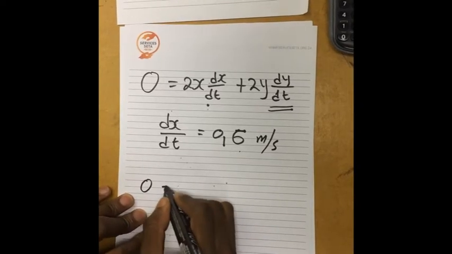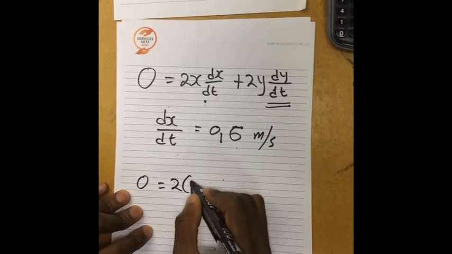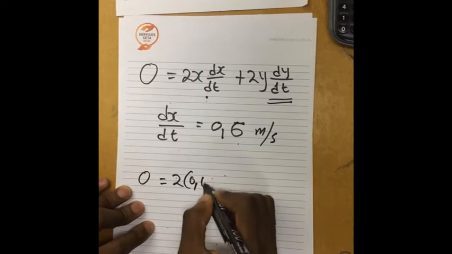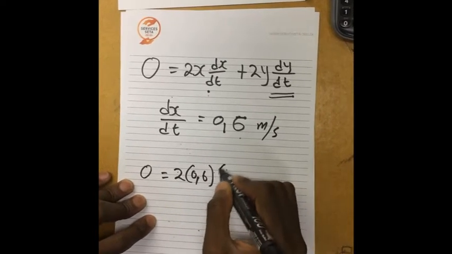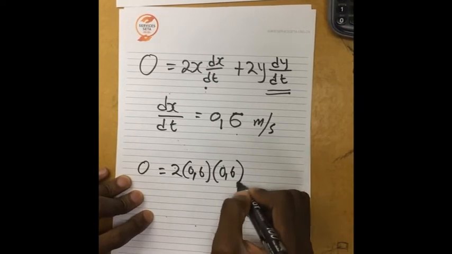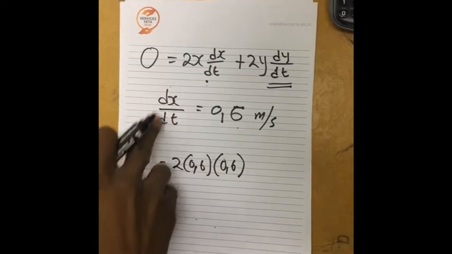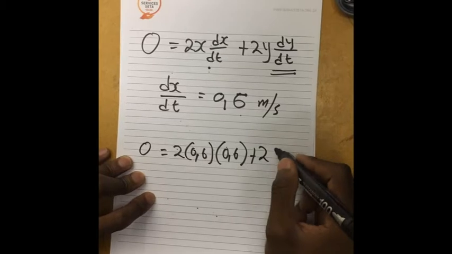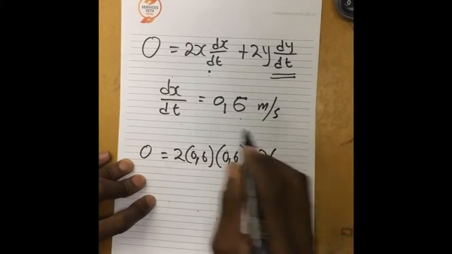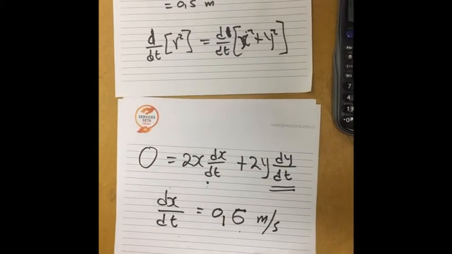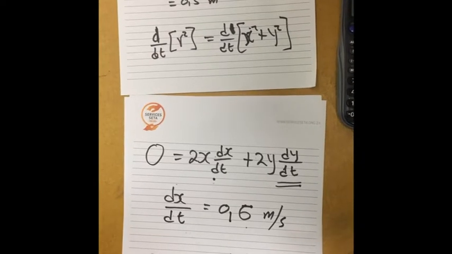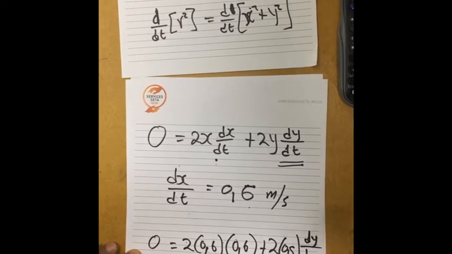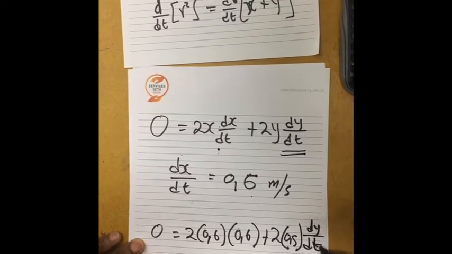Substituting these values, we have 0 equals 0.6, which is dx over dt, plus 2 times the y we got, which is 0.5, times what we are looking for, dy over dt.